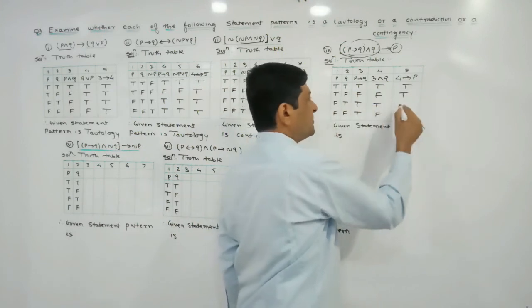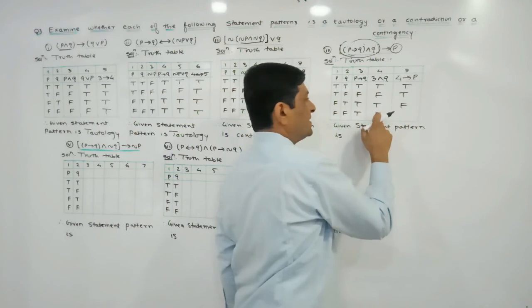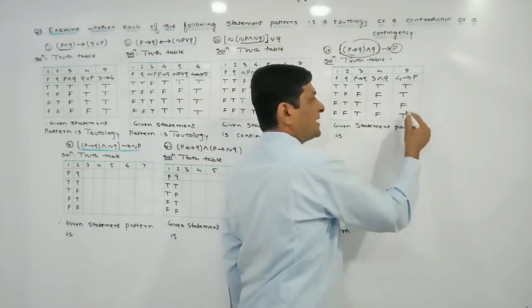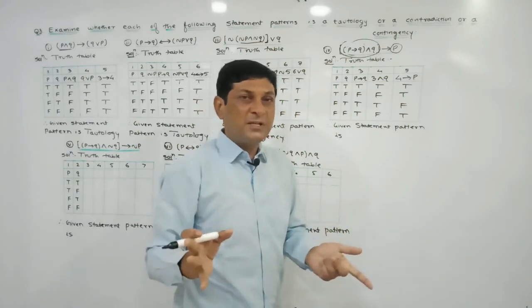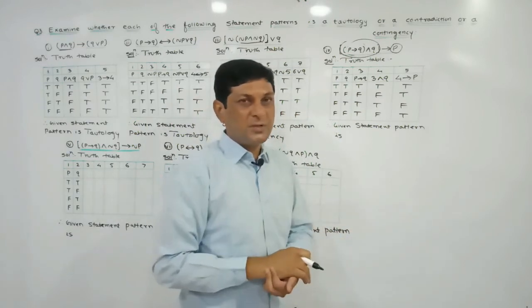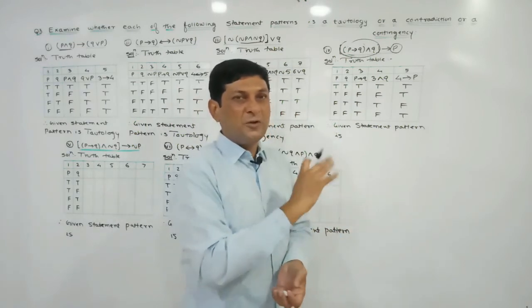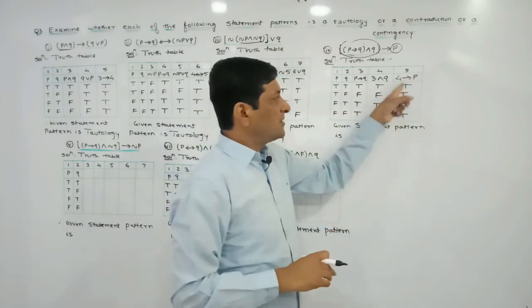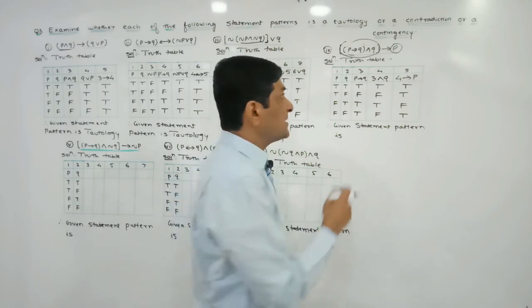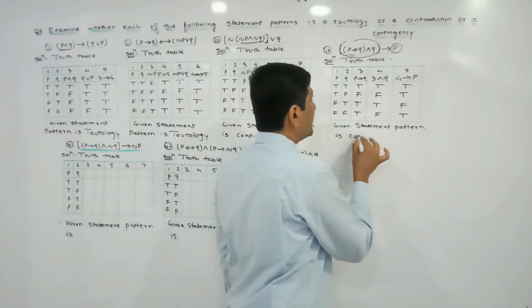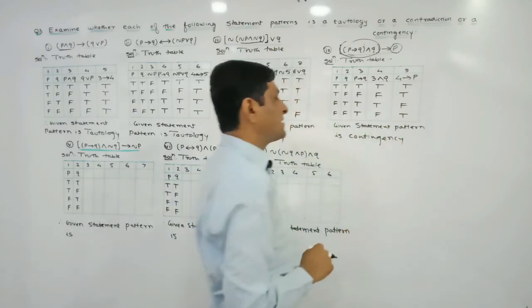Here TF appears, so implication is false. If the first statement is false, implication is always true, and it is not necessary to check the truth value of the second statement. Here this statement is neither a tautology nor a contradiction, so we can say that this statement is a contingency.